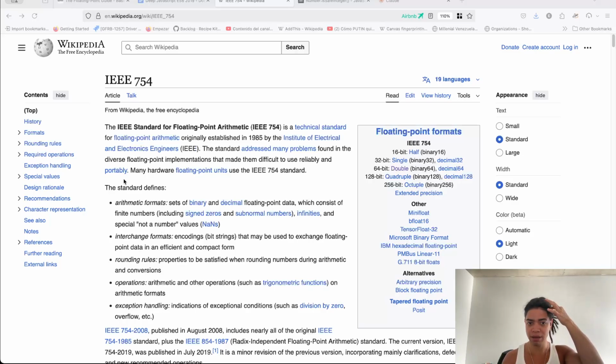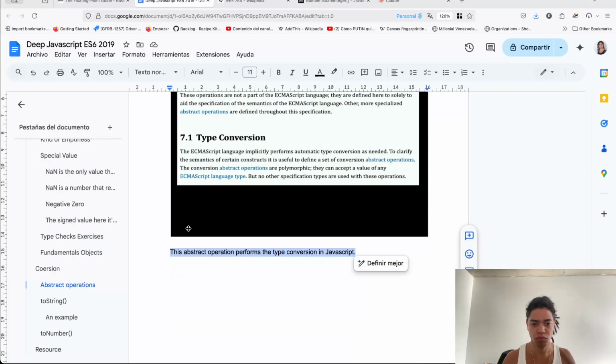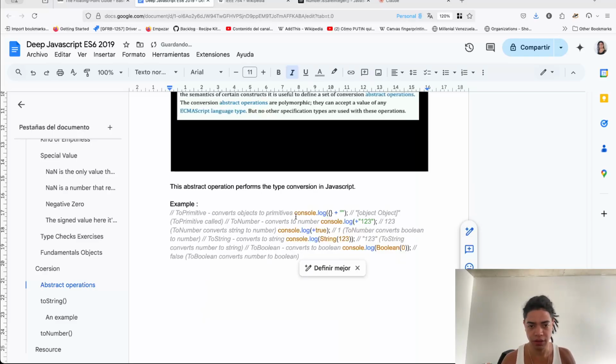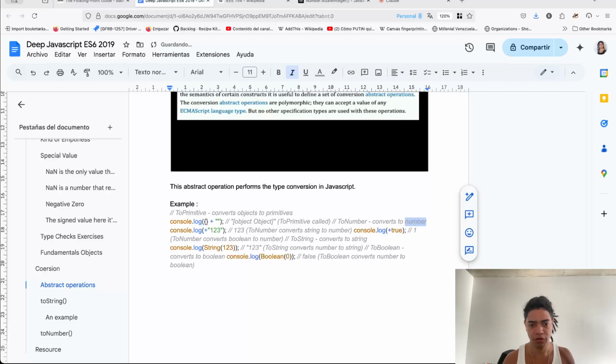So the key abstract operations here: this one is ToPrimitive, which converts objects to primitives. Something we're going to take a look at.